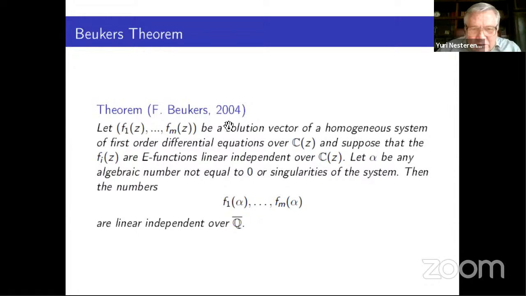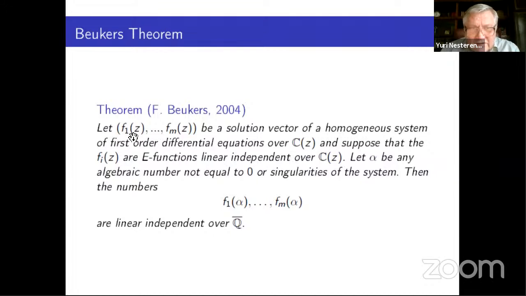This theorem was proved in 2004 by Fritz Beukers. Let f1, ..., fm be a solution vector of a homogeneous system of first-order differential equations over the field of rational functions, and suppose that the functions are E functions linearly independent over the field of rational functions.